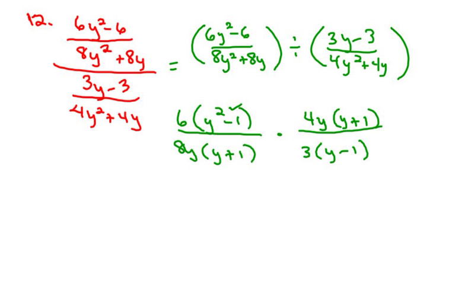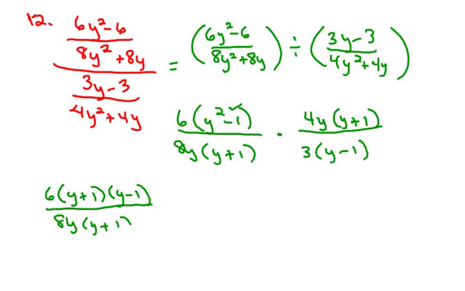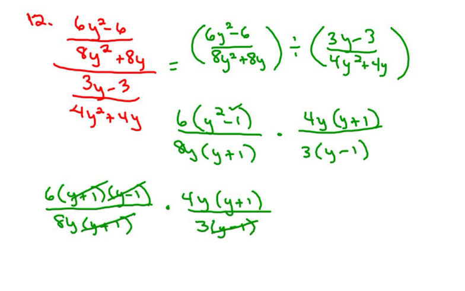This needs to be factored further, so go ahead and write everything back down, factoring that difference of squares to y plus 1 times y minus 1. Okay, now we need to cancel everything that we can. So one of the y plus 1's can go, the y minus 1 can go. 3 into 6 goes 2 times.